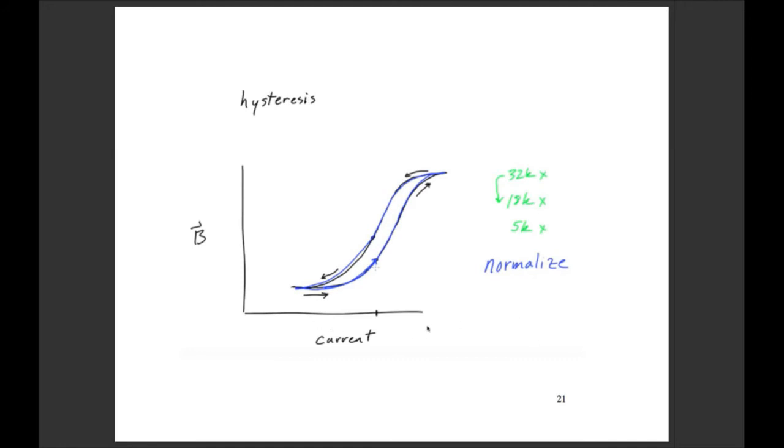As you apply more current, you get more of a field. But as you increase the current, it doesn't behave the same way as when you decrease the current. That difference is the hysteresis. As you go through different mag series and apply lens current in certain lenses versus others, this is what it graphically looks like.